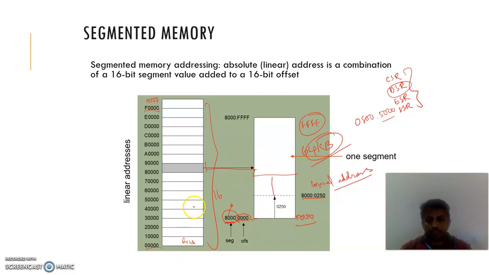Here, for each of these segments, let's say I am going for the 6000 segment.